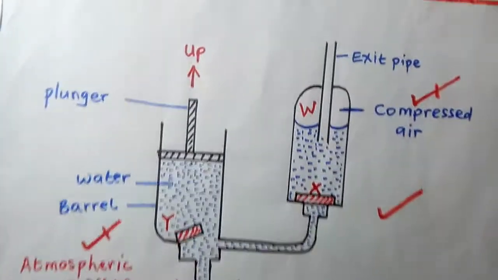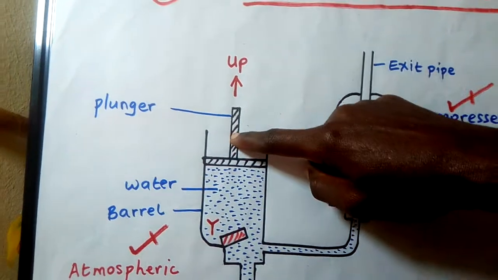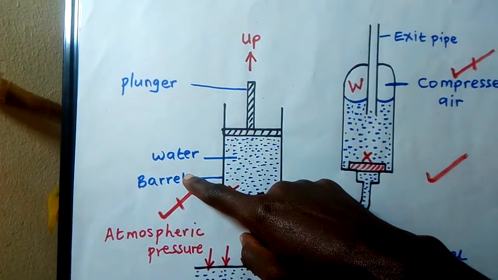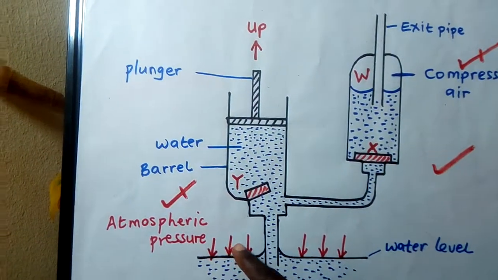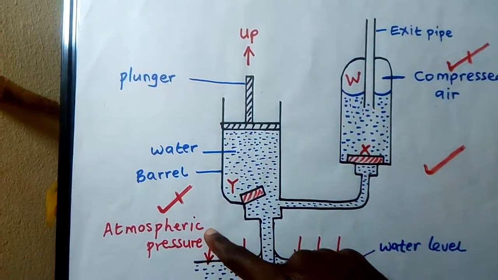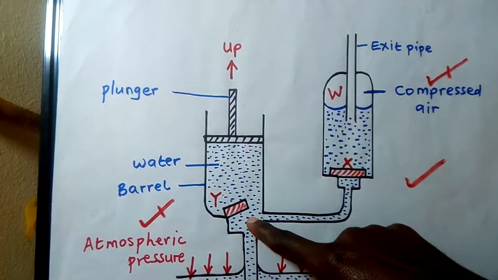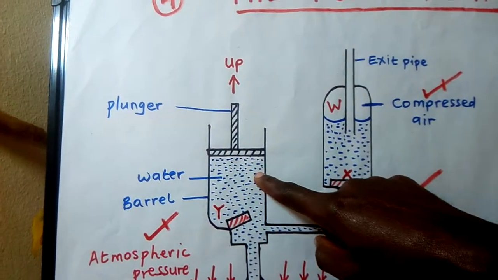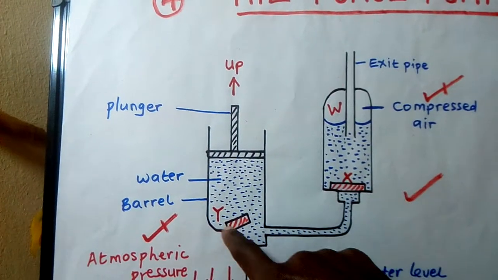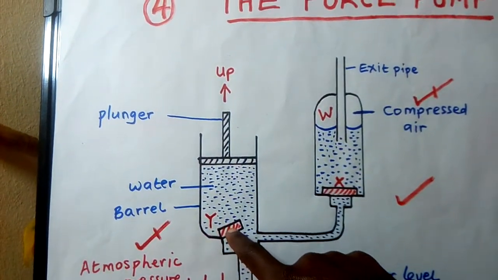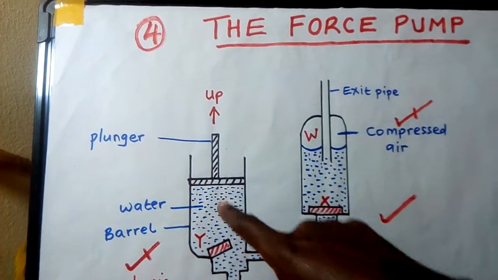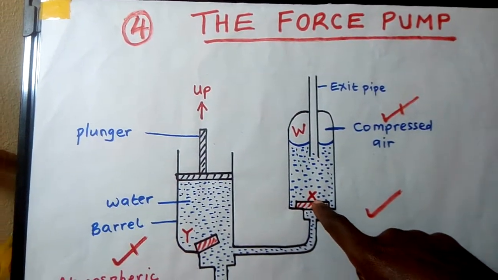So during the upstroke, when the piston moves up, the pressure inside the barrel reduces, so the pressure outside becomes more. So for that reason, the atmospheric pressure will press the water and force it to pass by opening this valve Y, and then it passes through to the barrel. Meanwhile, valve X closes.